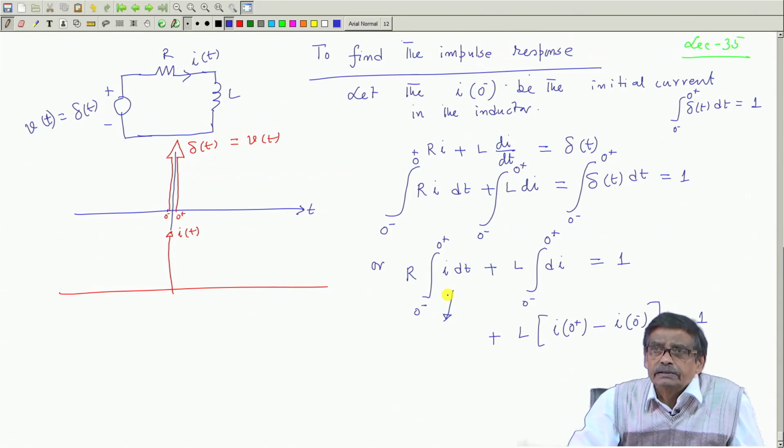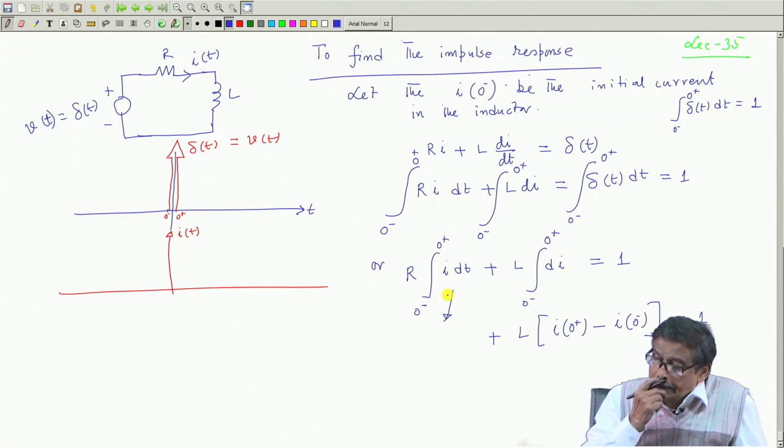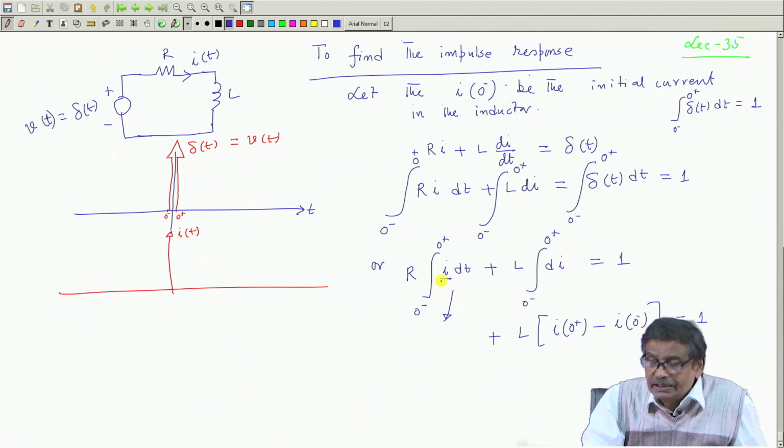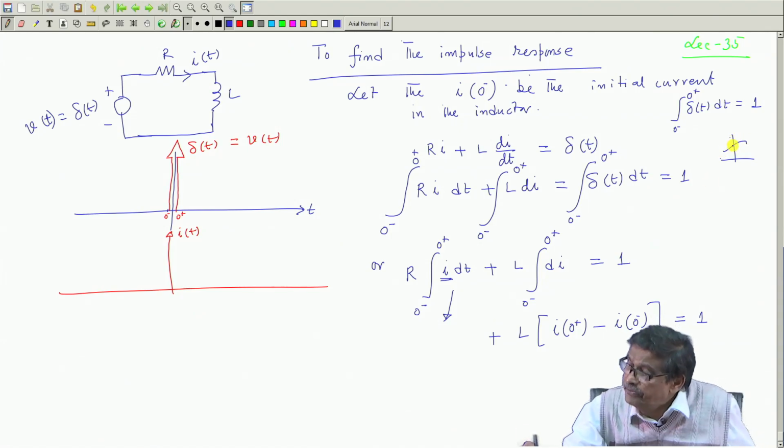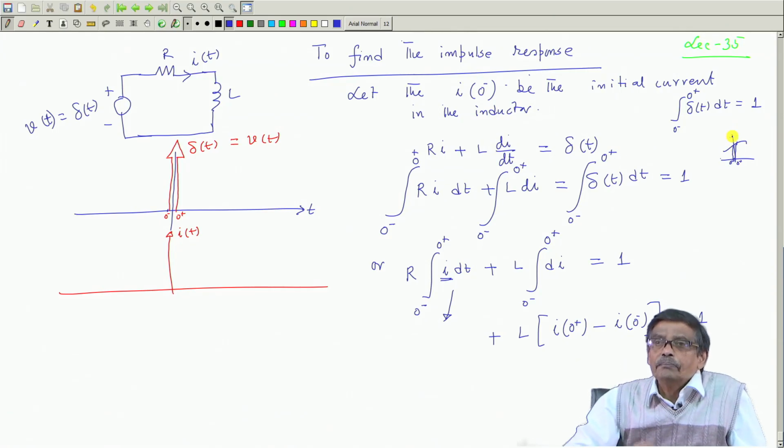You have applied something, and I am telling you about this integral, whatever that current waveform will be, you are trying to calculate the integral of i dt as dt becomes vanishingly small. The upper and lower integration limits bound the area under this response. Suppose the response of the current is something, I am not sure what it will be, but any function you integrate between 0 minus to 0 plus, that area will become equal to 0.